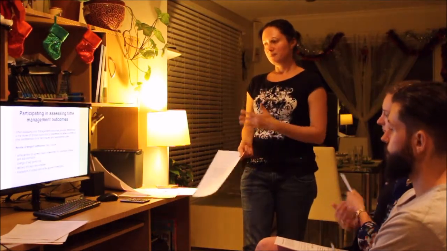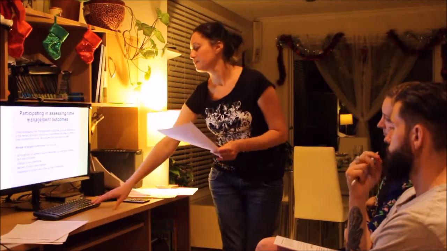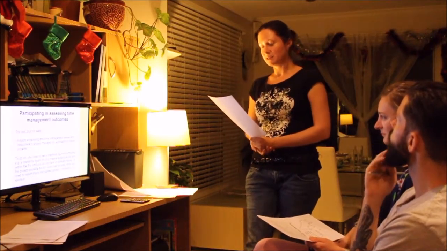So that's the review process. That's what it involves. Okay, and another thing you can do when participating in assessing time management outcomes is report scheduling and time management issues.